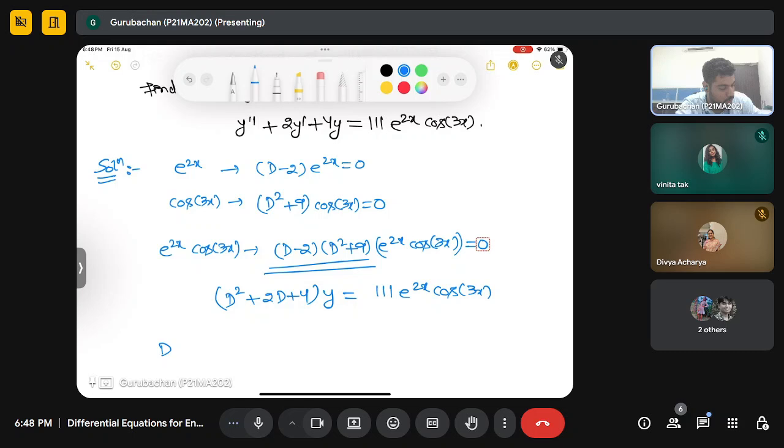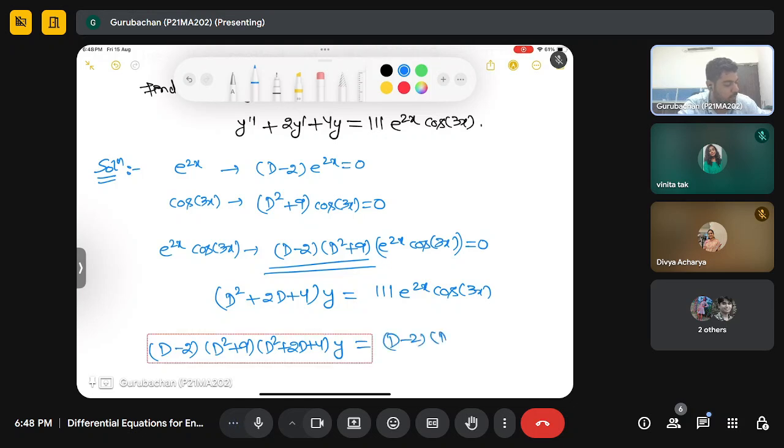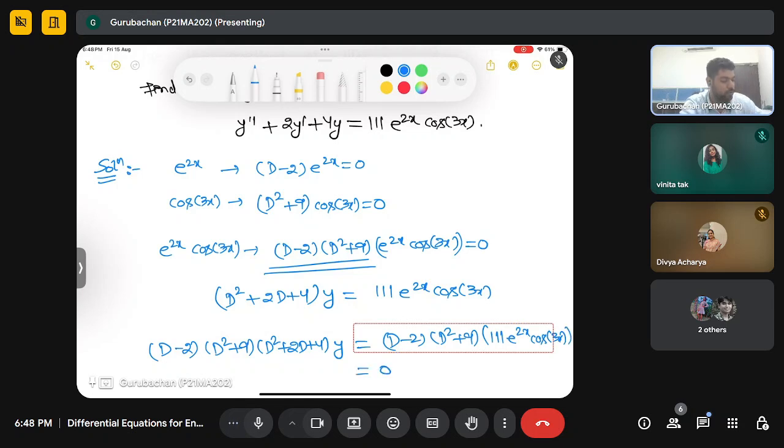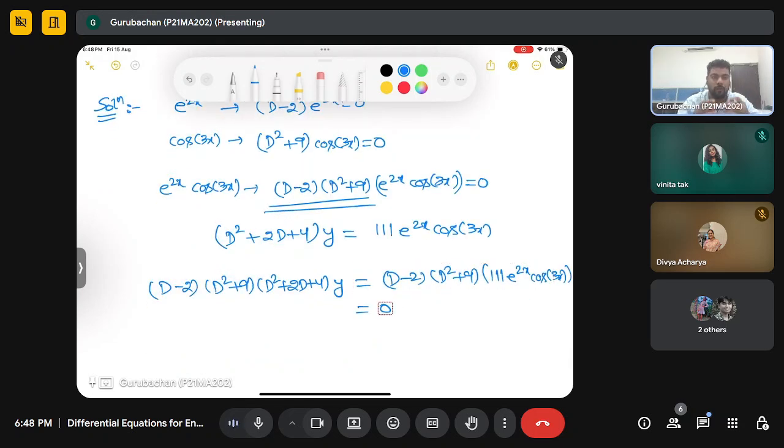So this will be (D minus 2)(D square plus 9)(D square plus 2D plus 4) y equals (D minus 2)(D square plus 9) applied to this function, and this will give you 0. So now from the non-homogeneous equation you come to the homogeneous equation.